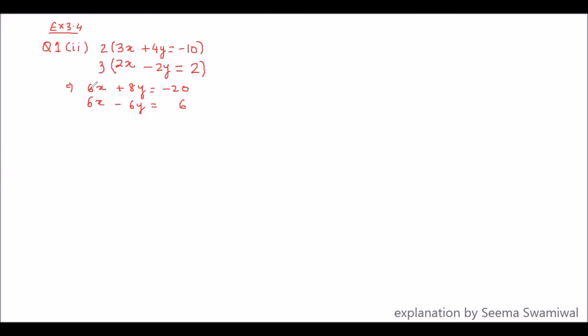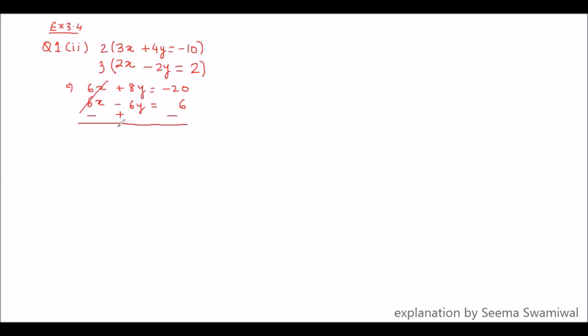The signs are the same. This is also positive 6, this is also positive 6. So it cannot be eliminated in this form. If we add, they will not be eliminated. But if I subtract the two equations, they will definitely get eliminated. So I will subtract.